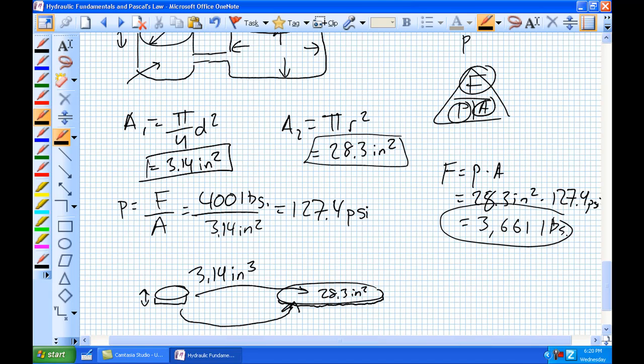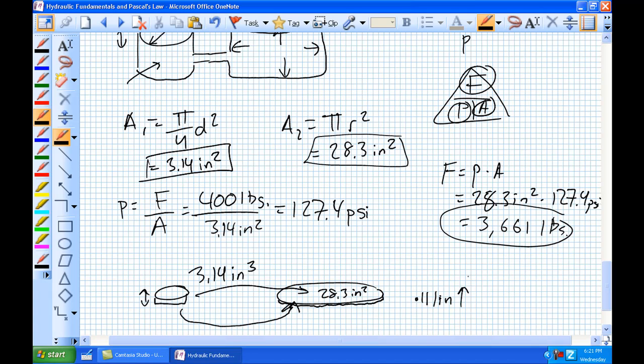Okay, so how do we determine that? Well, 3.14 cubic inches divided by 28.3 inches squared is going to give us 0.111 inches of upward travel.